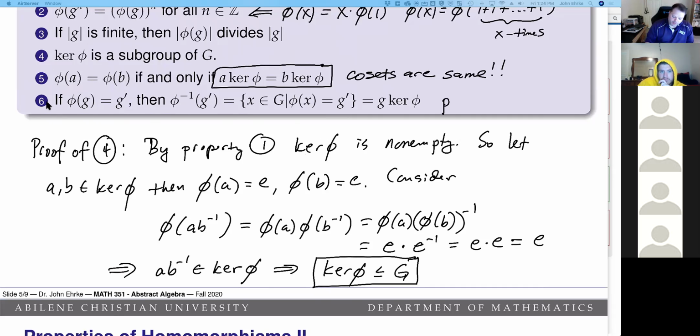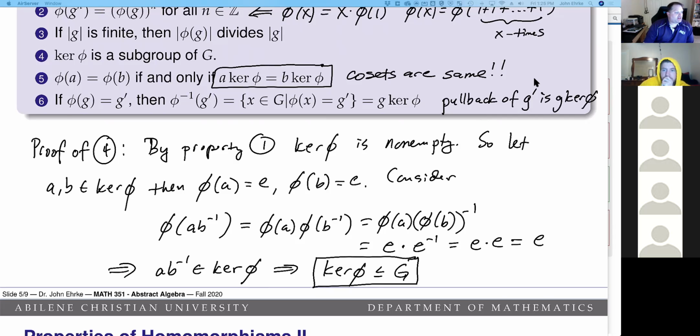This says that the pullback of G inverse, or the pullback of G prime, is G kernel phi. That's kind of the colloquial way of saying it.